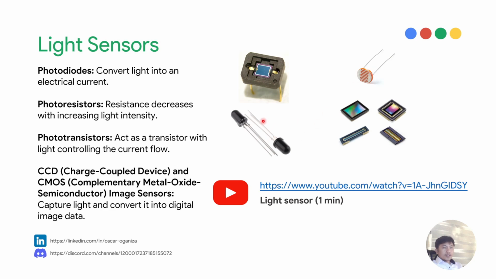The third one is the phototransistor. This one, and this other one is what we see in digital cameras, this CMOS or CCD. So these are the types of light sensors.